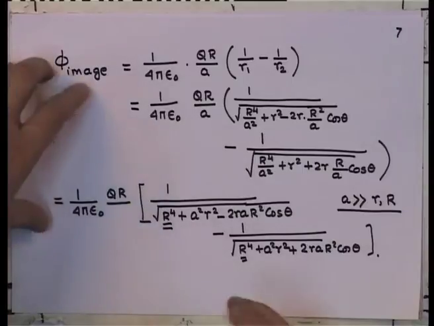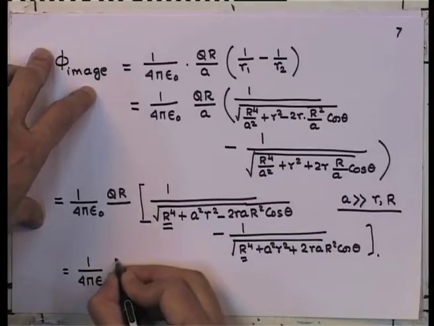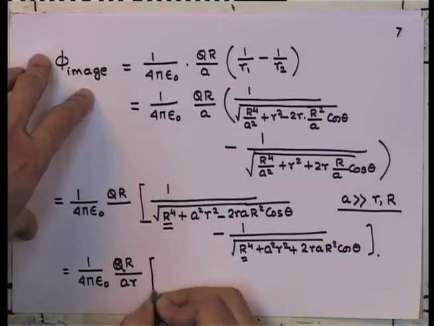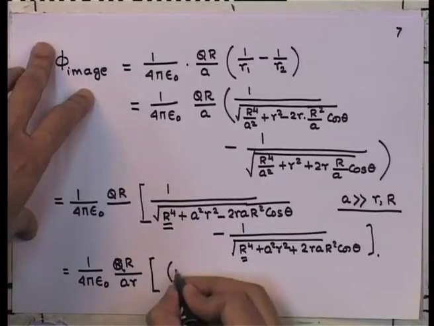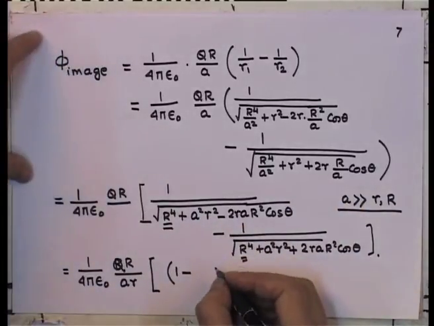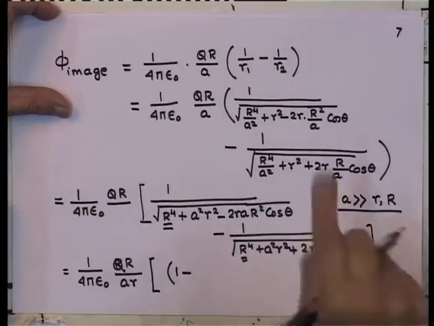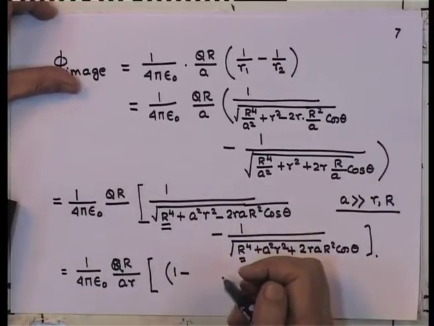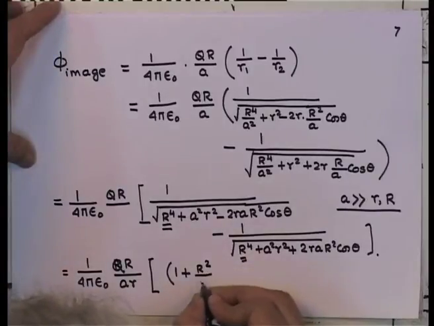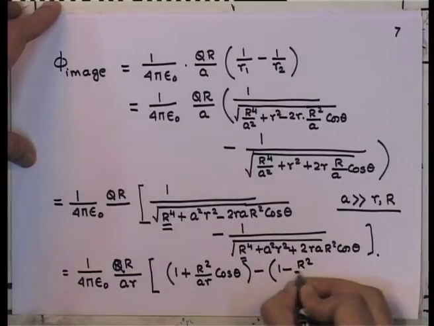So, I will be left with 1 over 4 pi epsilon 0 q r divided by a r, which I am pulling out, and I have then 1 minus, since I am dividing by a square r square, 2 times r square by a r cos theta raised to the power minus half, which if I do a binomial expansion gives me 1 plus r square over a r cos theta minus 1 minus r square over a r cos theta.